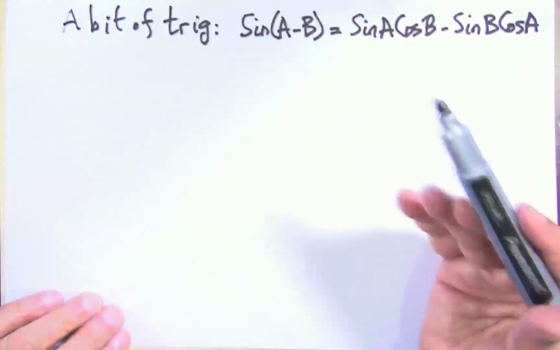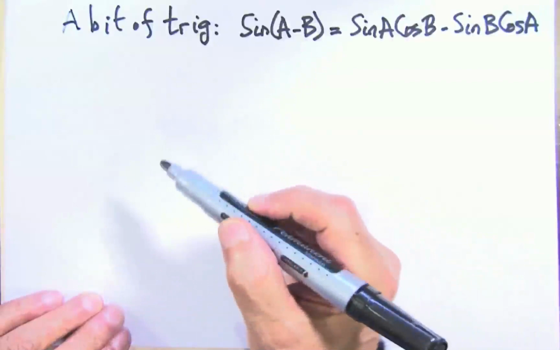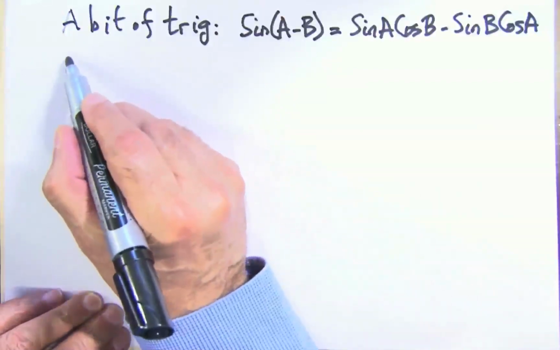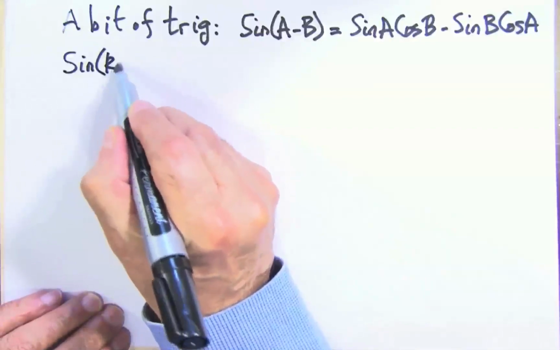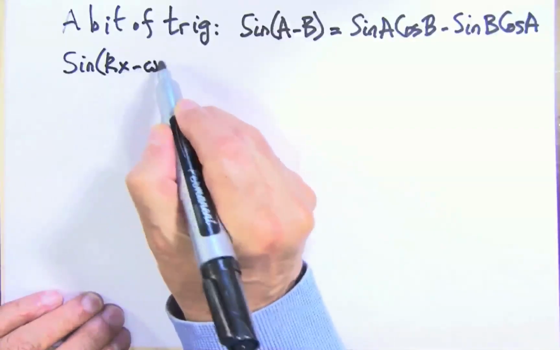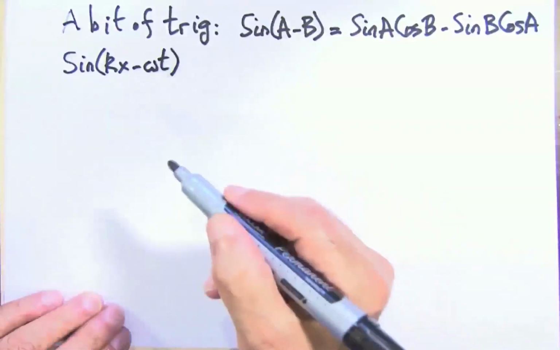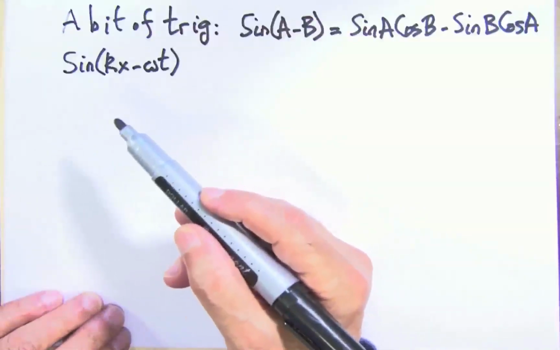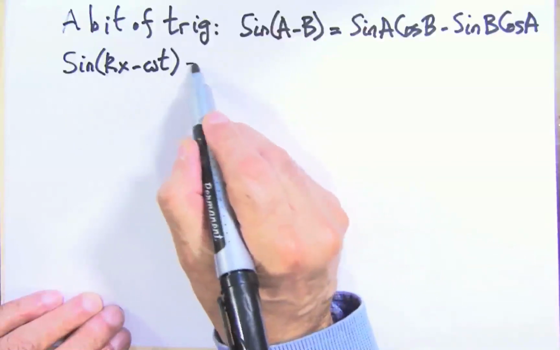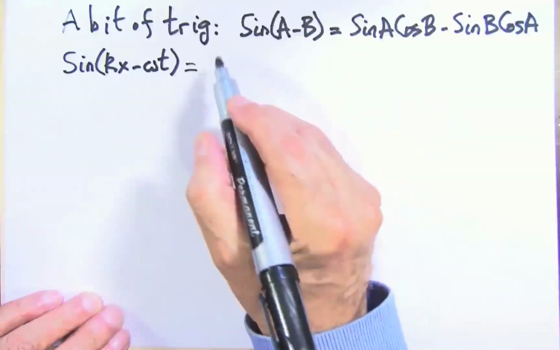It is, and so that's one of many checks. All right, but what are we really interested in? That's sine of kx minus omega t. What I'd written before and showed you was the solution of the wave equation. Let's apply this formula here.